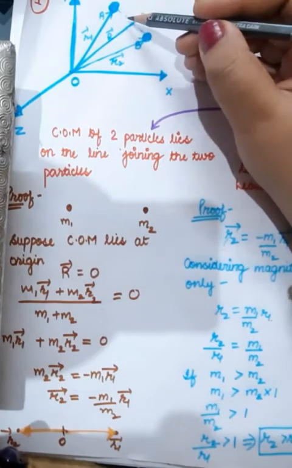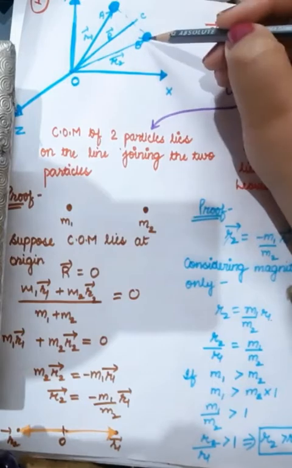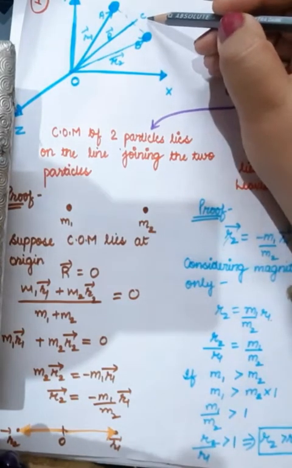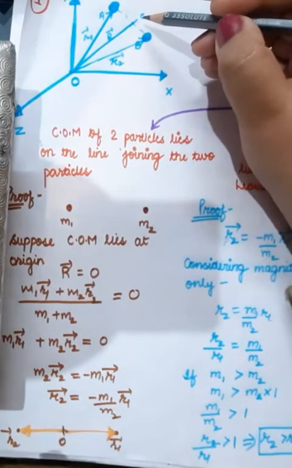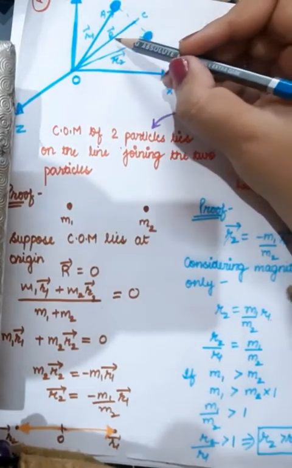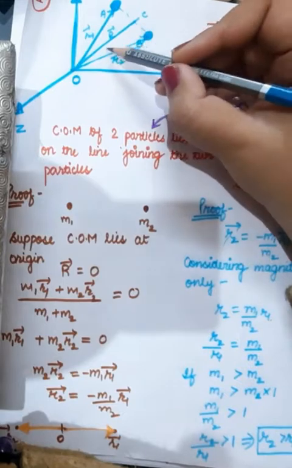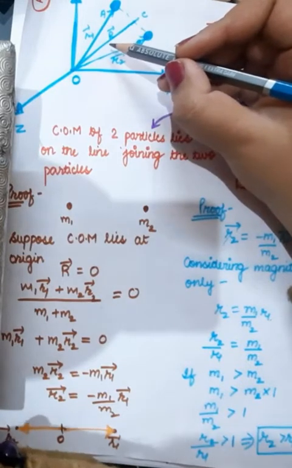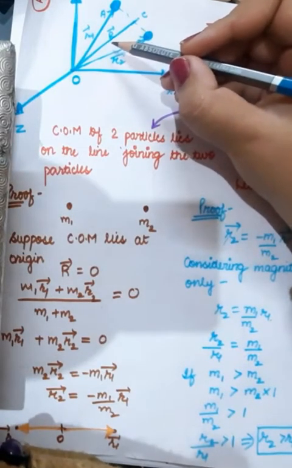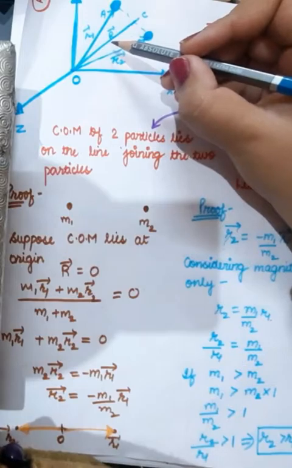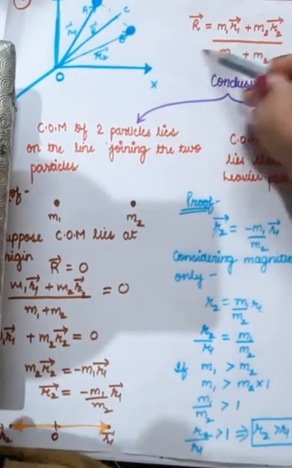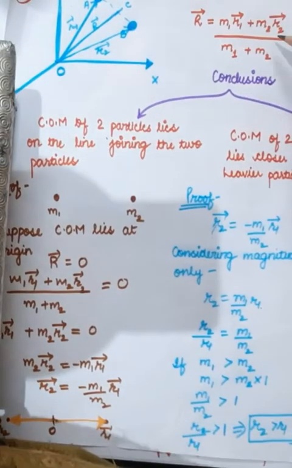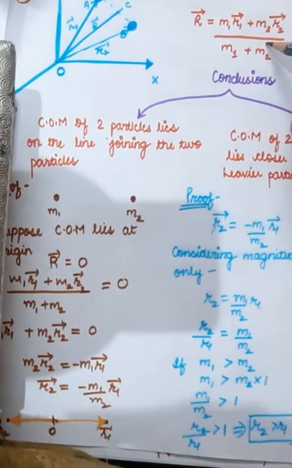And this is the line joining these two particles and this is the center of mass of these two particles. Now we assumed that the center of mass had a position vector R vector. The target of the previous derivation was to find out the value of this R vector, right? And this was the value that we got, okay?